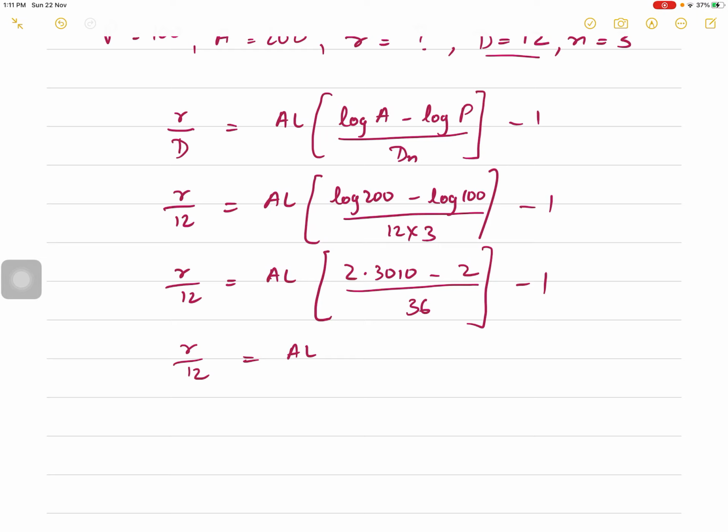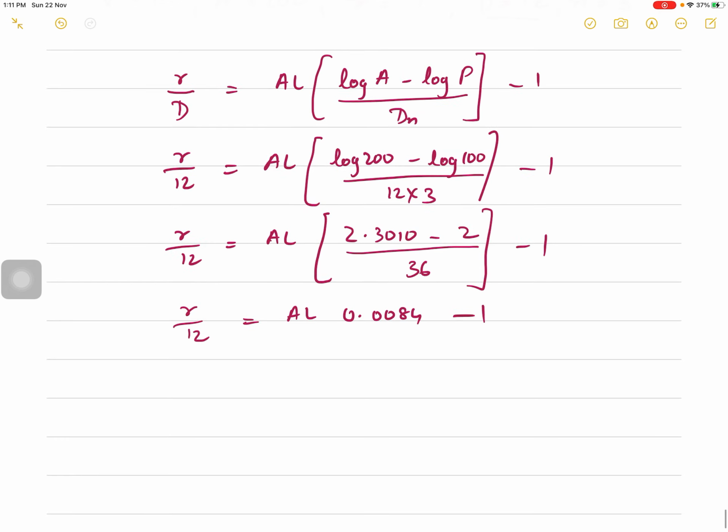So 0.3010 divided by 36, you will get 0.0084, minus 1. Okay, now let's find the antilog of 0.0084. So R by 12 is equal to the antilog of 0.0084, okay, which, when you calculate, comes to 1.020, okay.